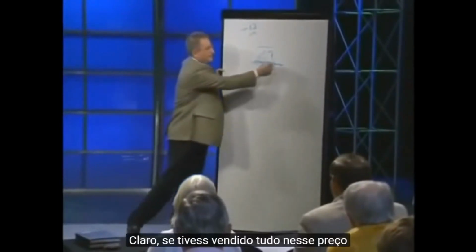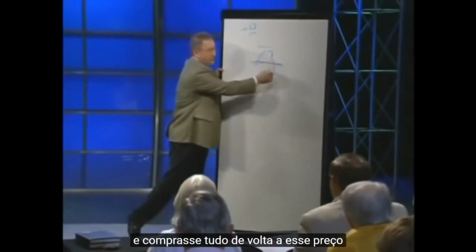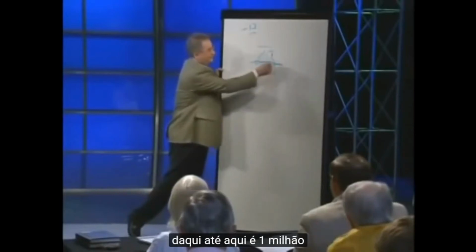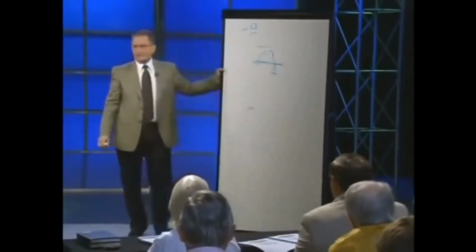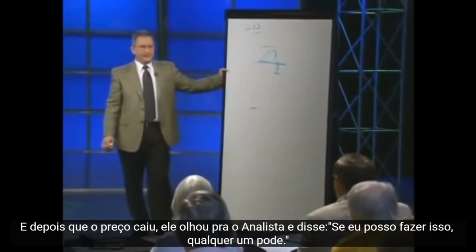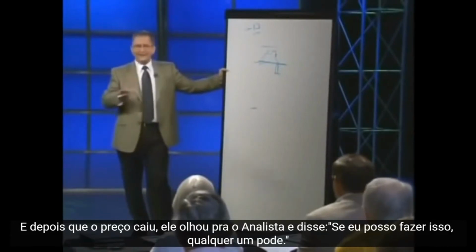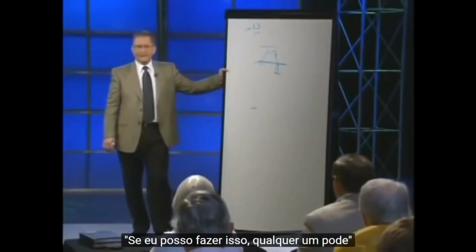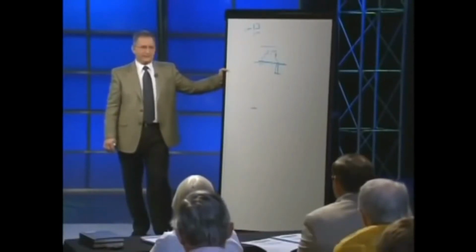Of course, if he'd sold all of them at this price and bought them all back at this price, but there was an average price down. But from here to here is $1 million on 2,000 contracts. And then after the price dropped, he looked at him and said, hey, if I can do that, anybody can do it.